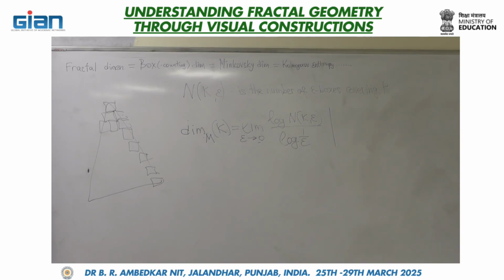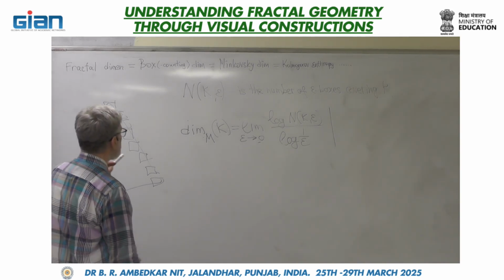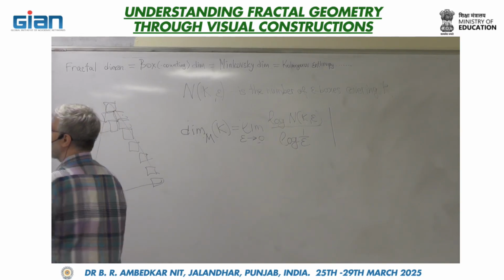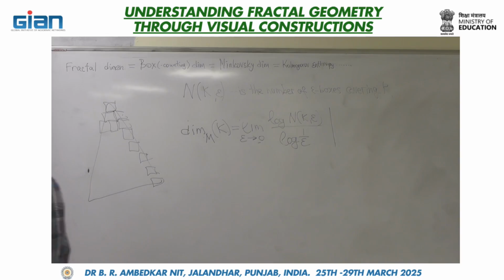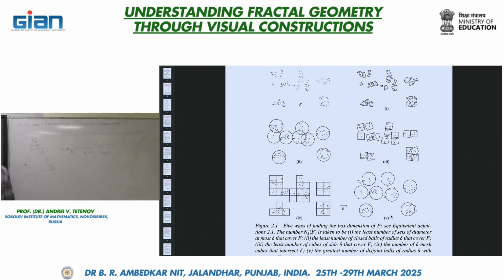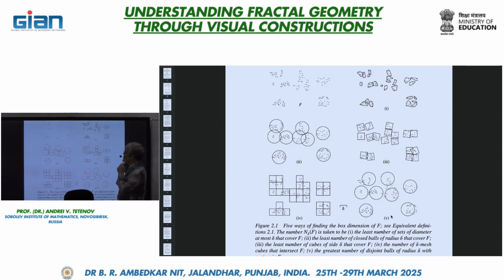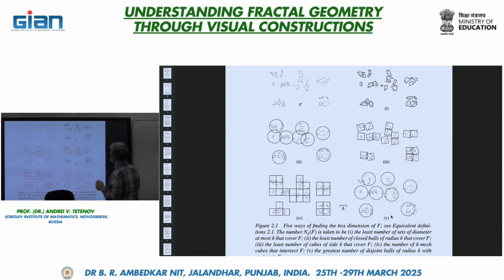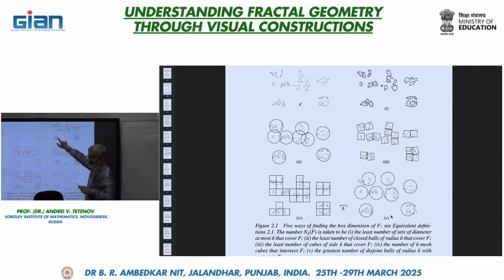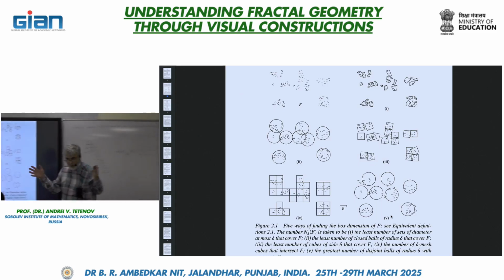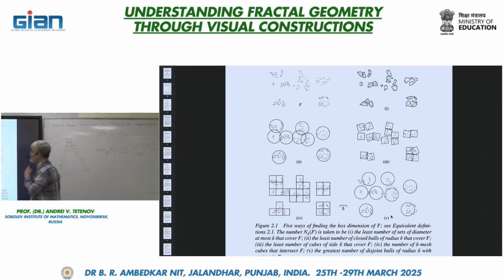N_K(epsilon) is the number: we have a fractal and the minimal number of sets of diameter epsilon covering K. They may overlap if you wish, but we need to minimize, so we minimize the overlap.